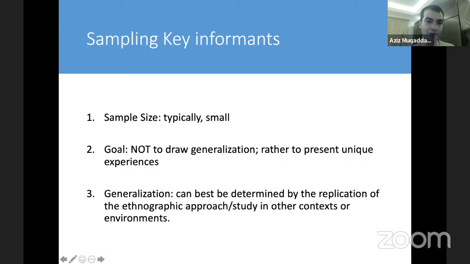So if I observe, I don't know, 5 families in upstate New York and how they do Thanksgiving, that doesn't speak to upstate New York, let alone the state of New York or the United States of America. But then other people do different studies in different parts of the country. So let's say in New York City, in New Jersey, in parts of California, in Oregon. And then when someone compares those studies, you start to see some trends.